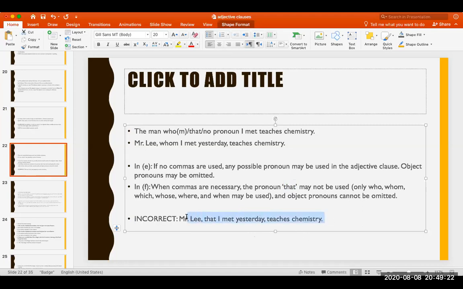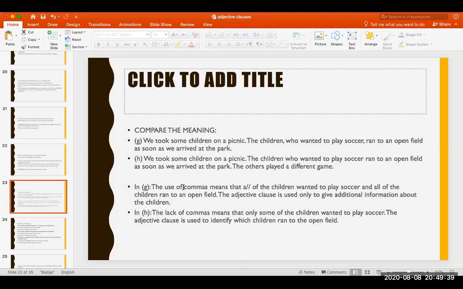Wrong. Again, if you use commas, 'that' shouldn't be used. You use commas with whom and which, etc., and where and whose. Just for your knowledge, this is tricky sometimes.